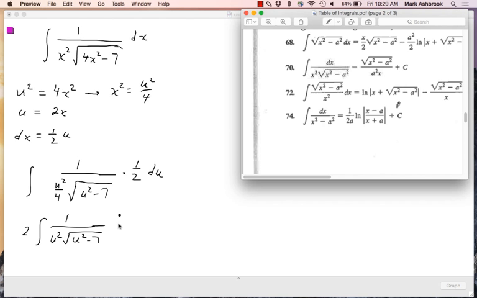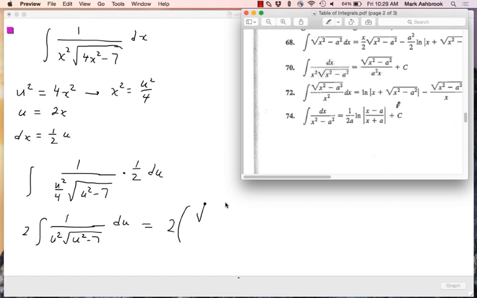So now does this integral fit exactly the form for 70? Yes, it does now, because I've got my variable squared times the square root of my variable squared minus 7, and now the differential of my variable. So now it fits 70 perfectly, and I can just write out the answer. Now it's telling me exactly what it is. So I just write this out. I got a 2, first of all.